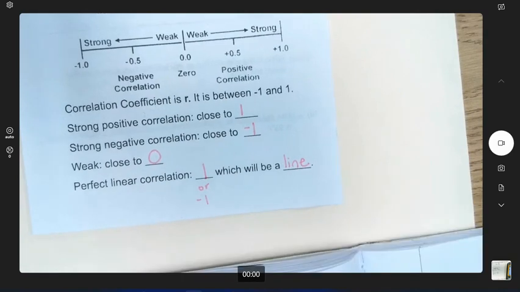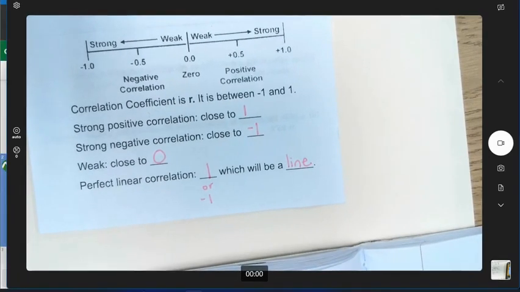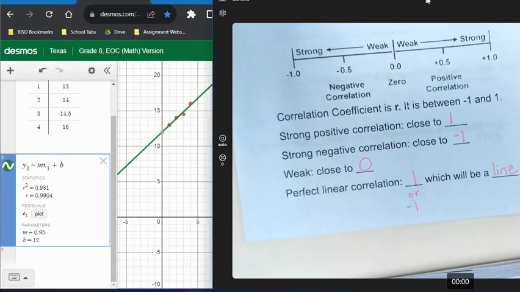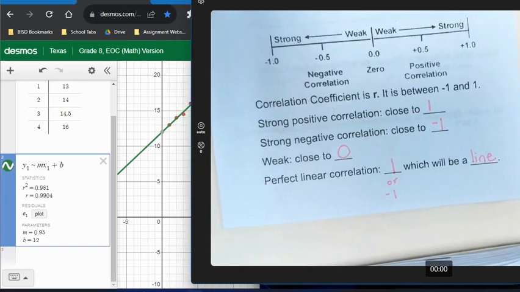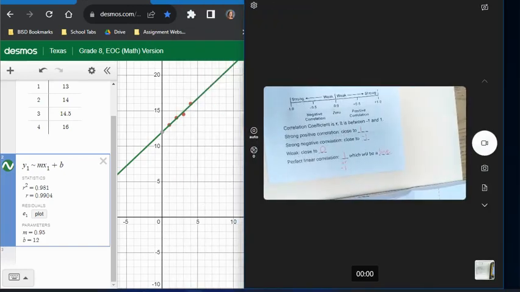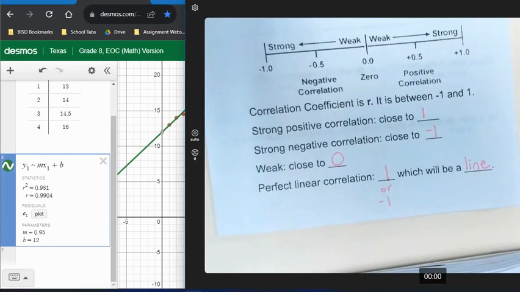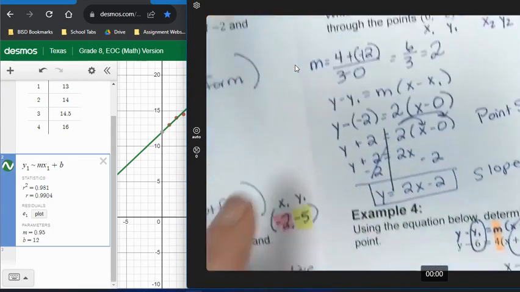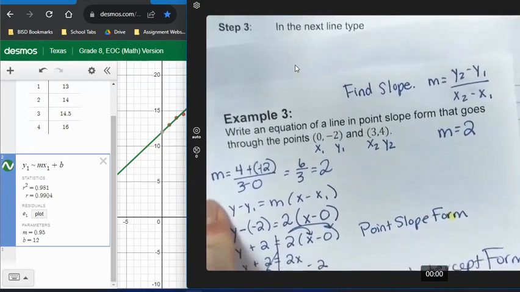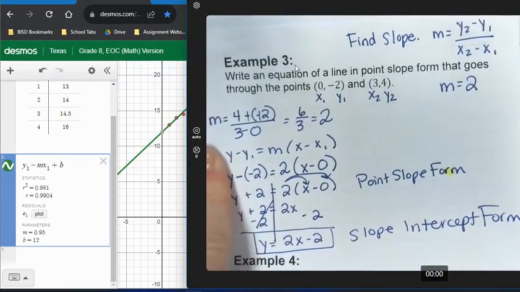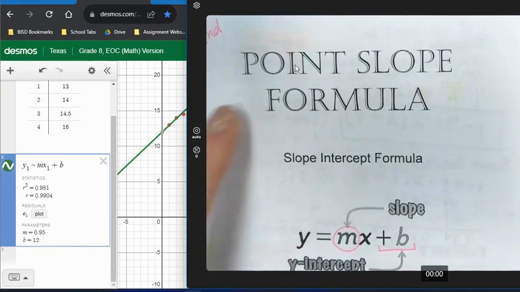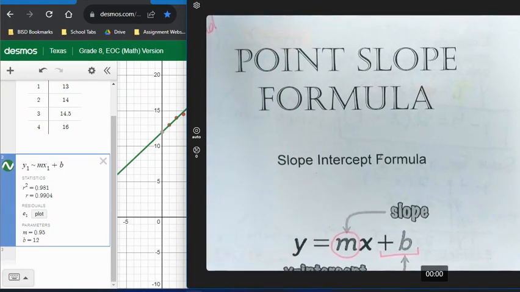Okay, I want to look at something with y'all real quick on Desmos. I want to look at an assignment or notes that we did last week. This is the one that says point slope formula, so that's how we wrote an equation from 2 points.